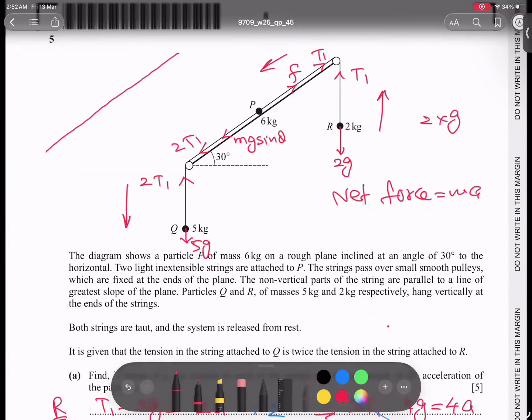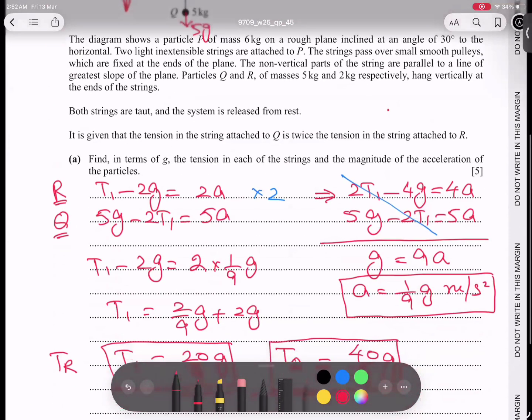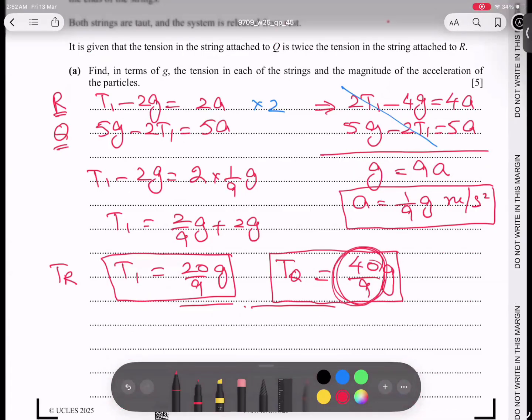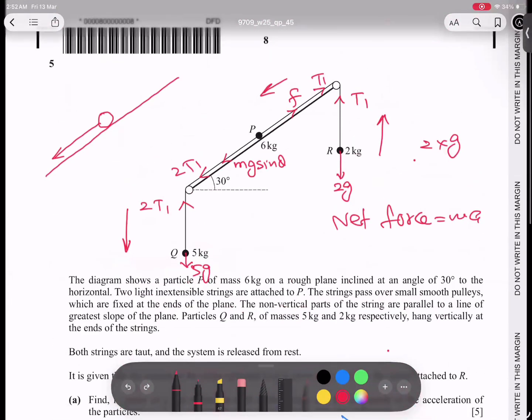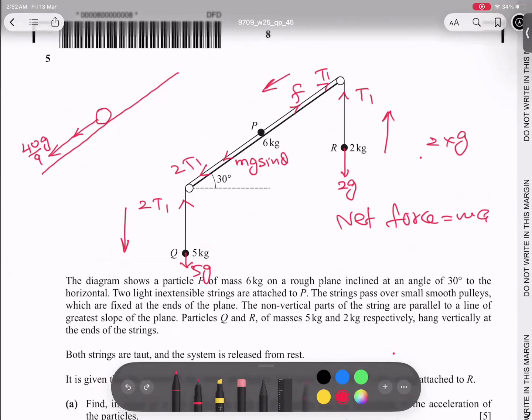This is the particle, and it has 2T1. If you check carefully, 2T1 here is the tension 40 over 9 g. This is the second tension, and this is the weight component, mg.